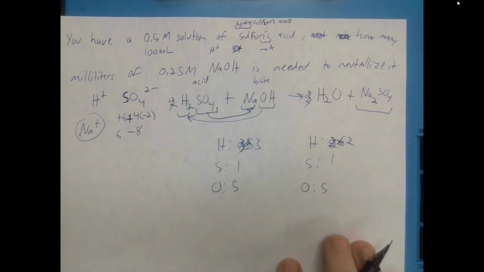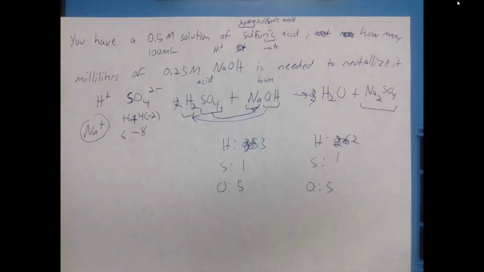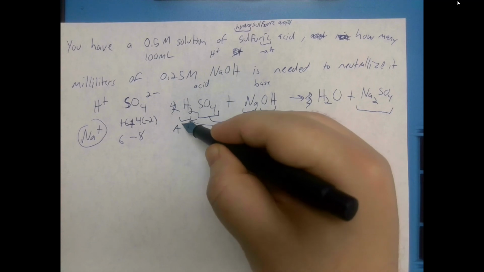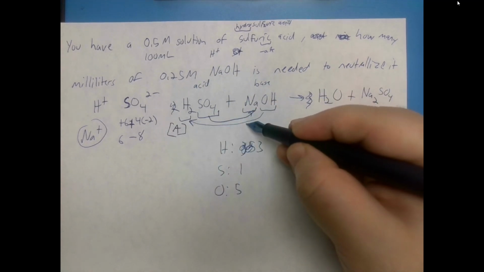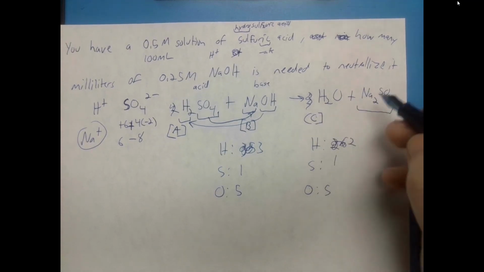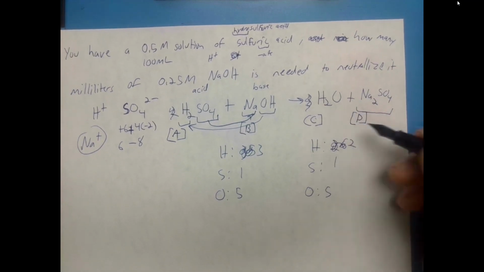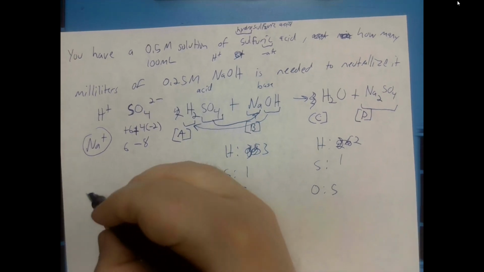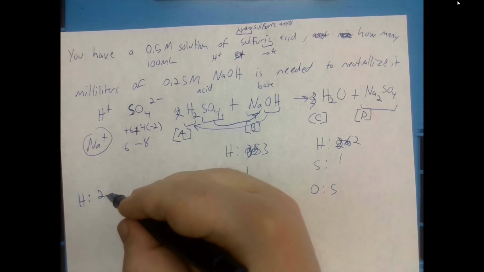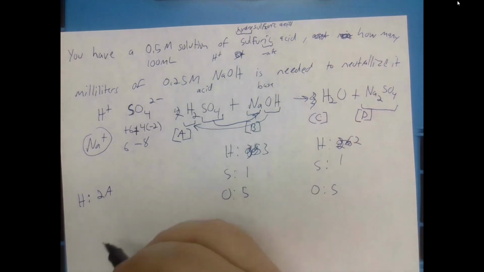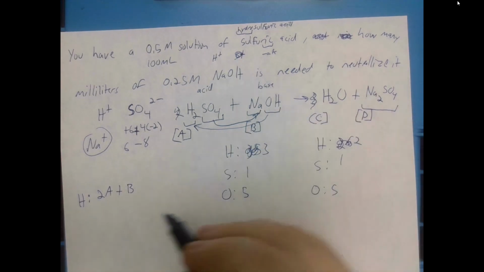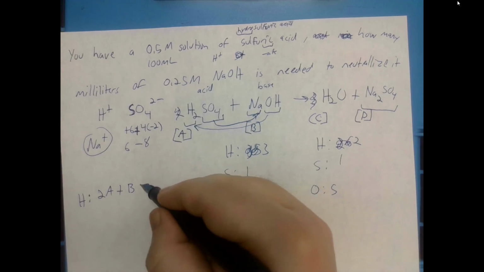So again, to balance it, I'll call this coefficient A, I'll call this coefficient B, and this coefficient C, this coefficient D. So for hydrogen, I have 2 times wherever A is, plus 1 times wherever B is, and that tells me how many hydrogen I have on the left.